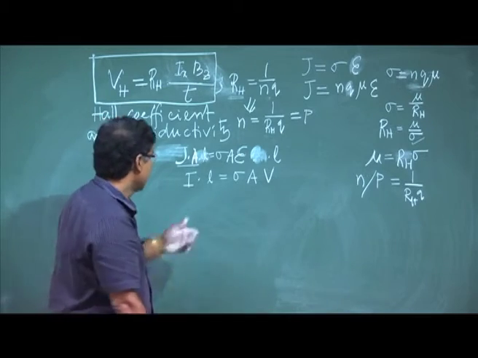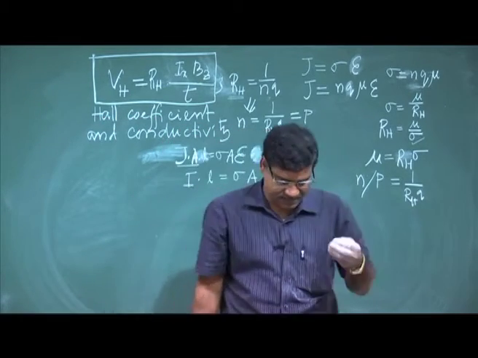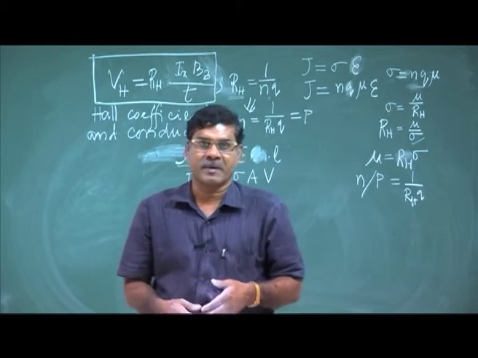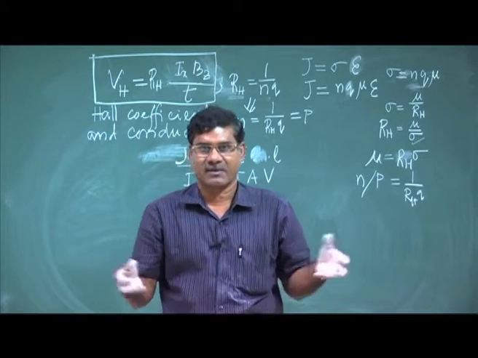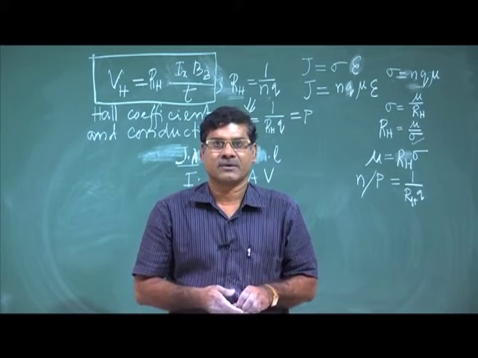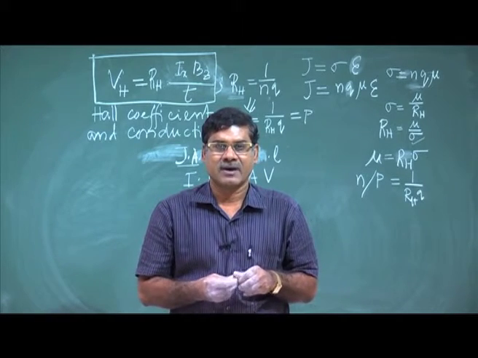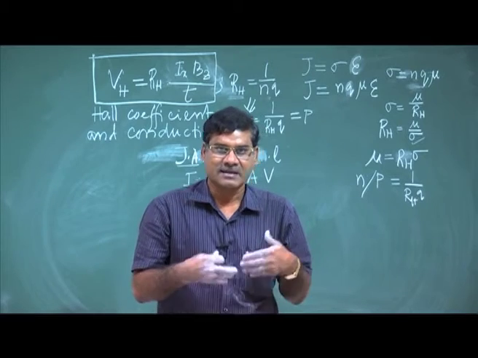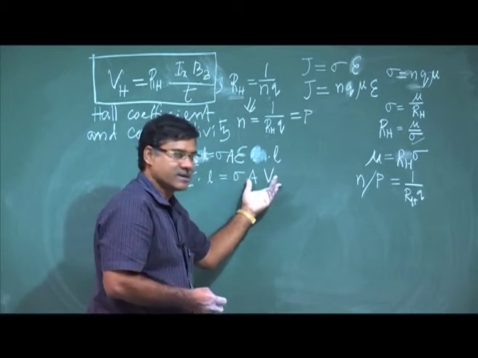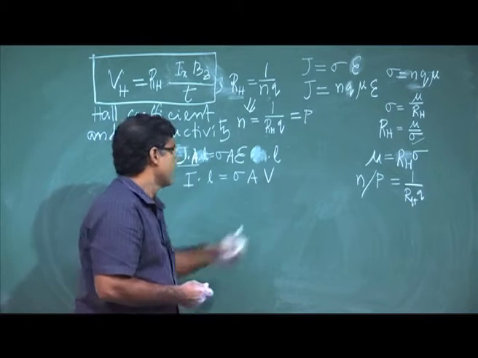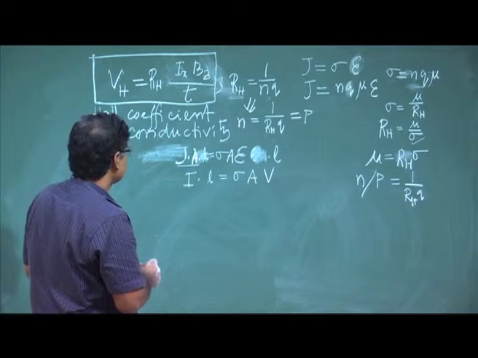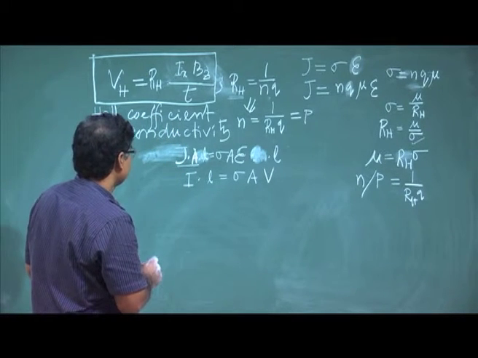So, for measuring current and voltage, we have ammeter and voltmeter. So I can design the experiment. I need some realistic parameters which I can measure. So this form is a suitable form.